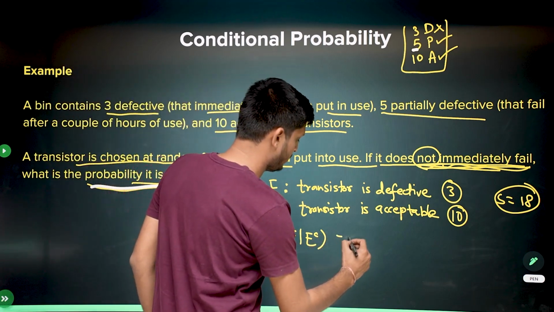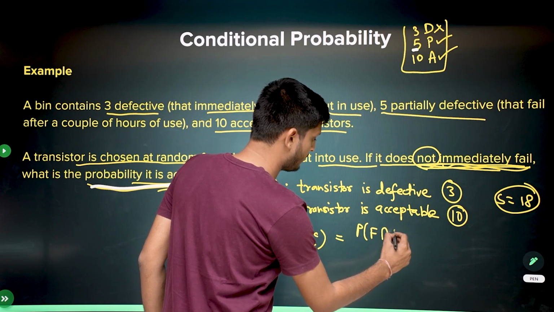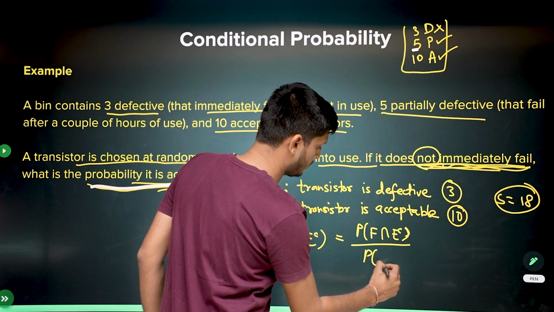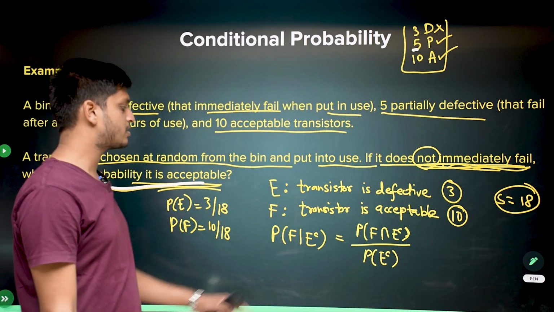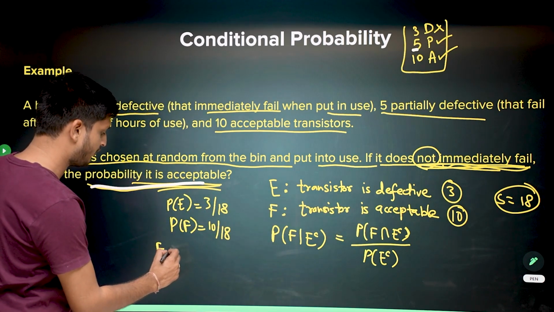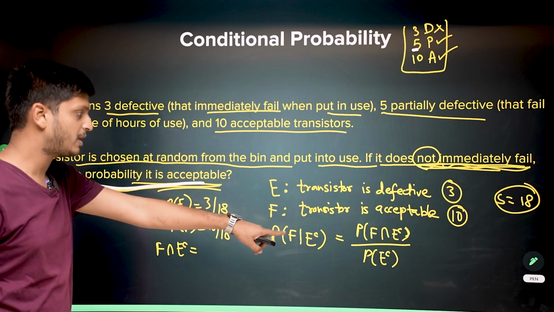It will be the probability of F intersection E complement upon the probability of E complement. Now what is the probability of F intersection E complement? F is acceptable.